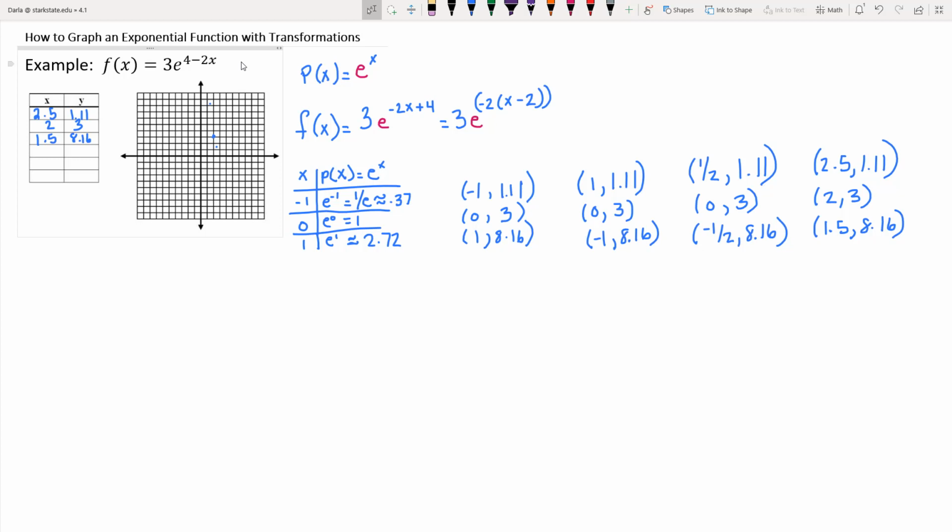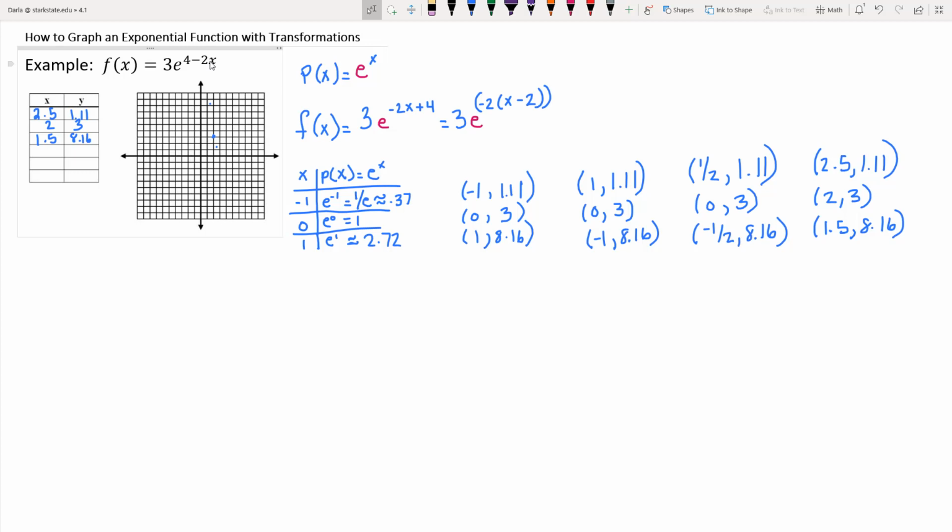And keep in mind the transformations you had as far as their effect on your horizontal asymptote. A vertical stretch by 3 would not change your horizontal asymptote. A reflection across the y-axis would not change your horizontal asymptote. Horizontal compression wouldn't change it, and going right 2 would not change it.